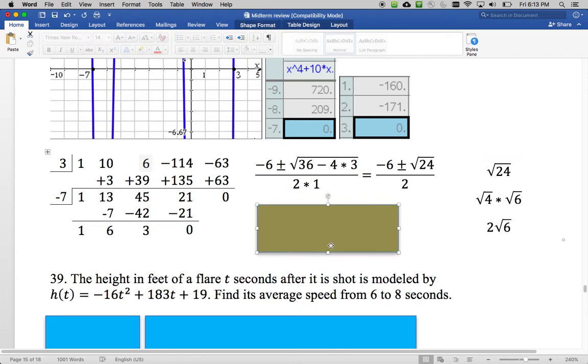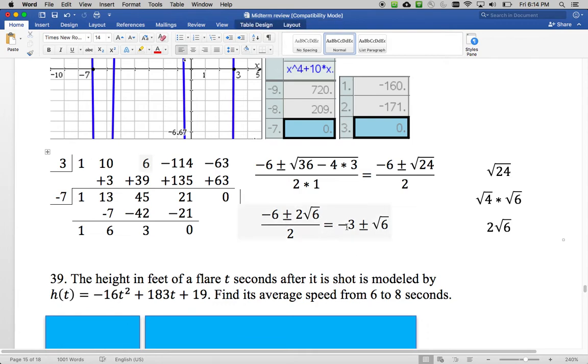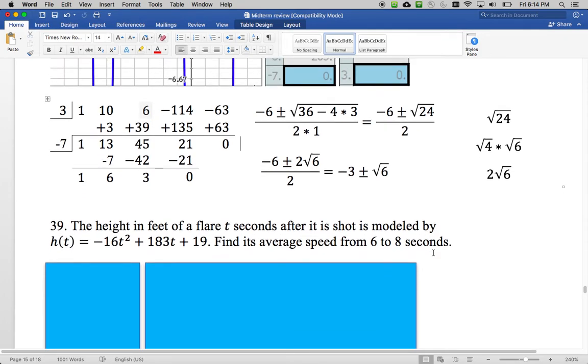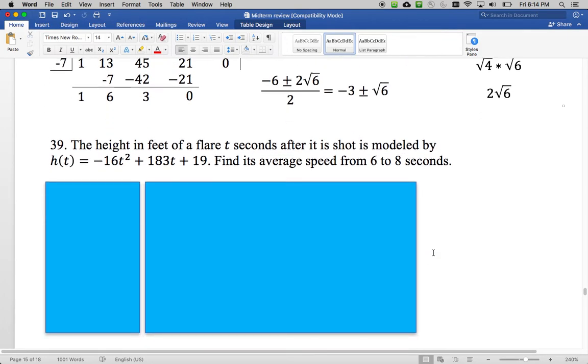Then what we get is -6 plus or minus 2 times the square root of 6, divided by 2. Then we can divide both those terms by 2, and our last two x-intercepts are at -3 plus square root of 6 and -3 minus square root of 6. Okay, so again, multiple choice answers, but they're all going to be exact answers, no decimals on that one.